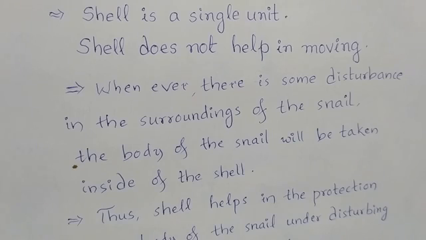Then what is the purpose of the shell? In our body, our bones help in the movement along with the muscles. In the snail, the outer skeleton, the shell, is not helping in the movement. And without a purpose, why is this present?